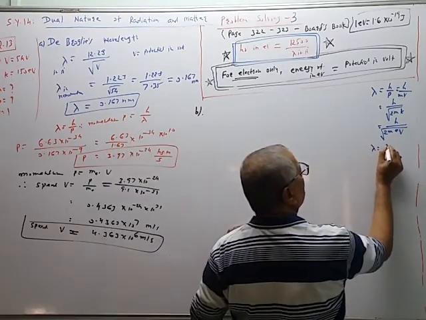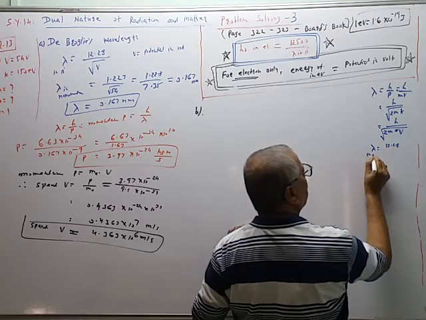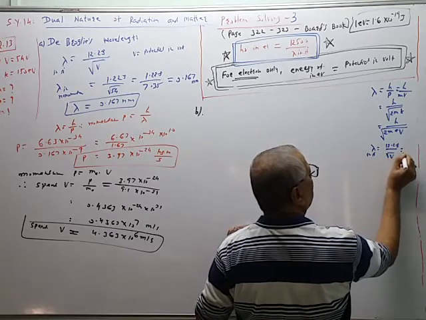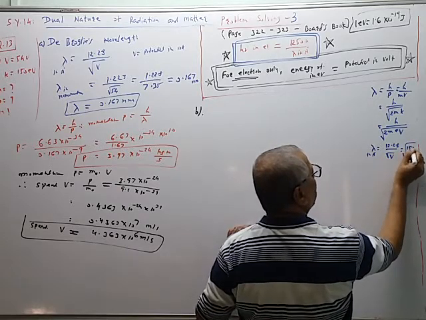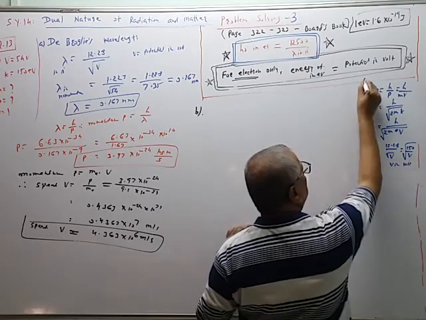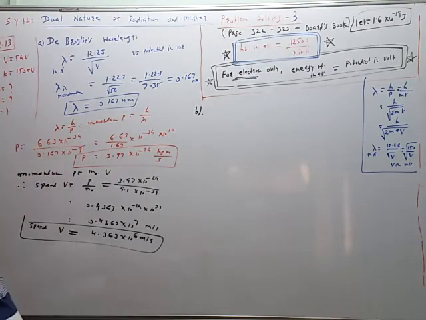Lambda in angstrom unit is 12.28 upon root of V, which is root of 150 upon V in volt. So these are the various formulae for de Broglie's wavelength. We will require all these formulae.